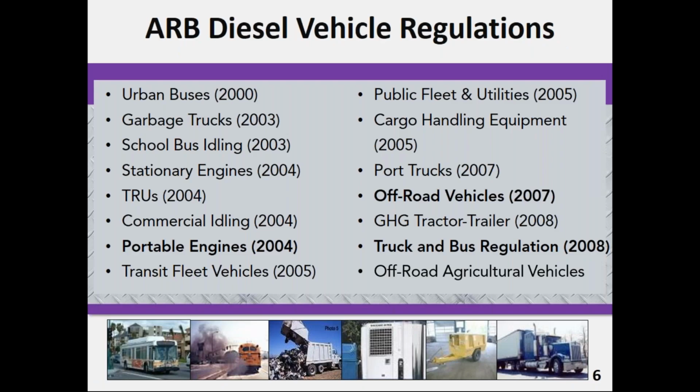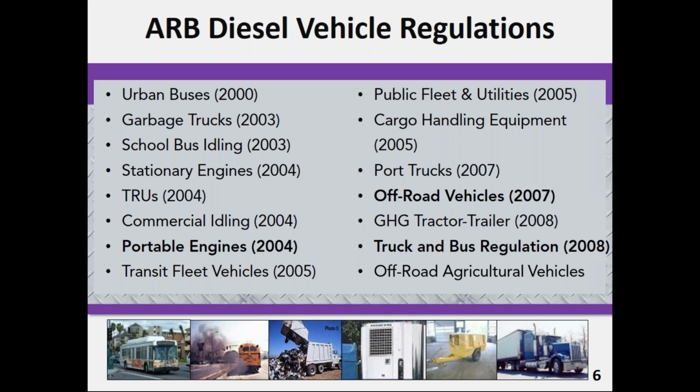Today, we're going to be talking about several regulations. I've highlighted a few of them on this slide, but my point in showing this slide today is to help you understand that this has been a process ever since the Air Resources Board designated diesel particulate matter as something called a toxic airborne contaminant. We have been writing regulations and enforcing regulations on diesel engines.